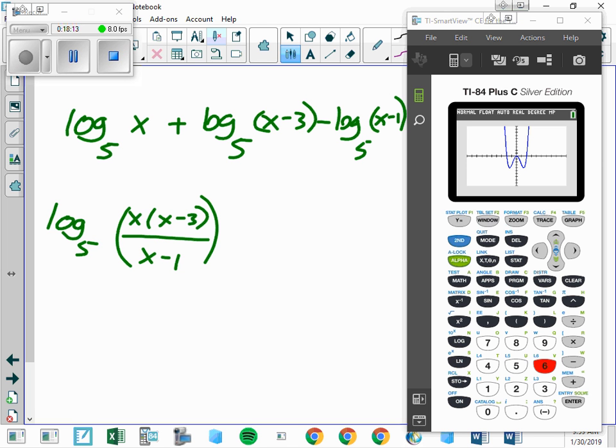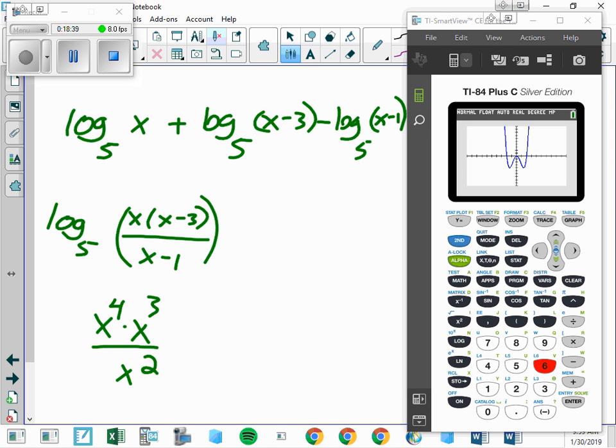So the product and quotient rules say if you have multiple logarithms that are added and subtracted together that have the same base, you can write them as a single logarithm using multiplication and division. And the reason that works is if I had x to the fourth times x to the third over x squared, if they're multiplied, we add the exponents together.